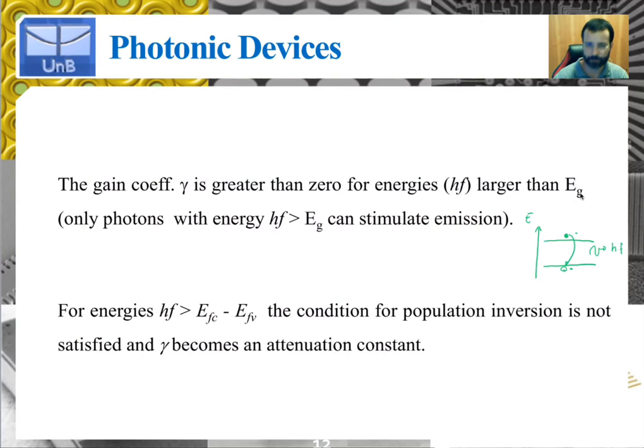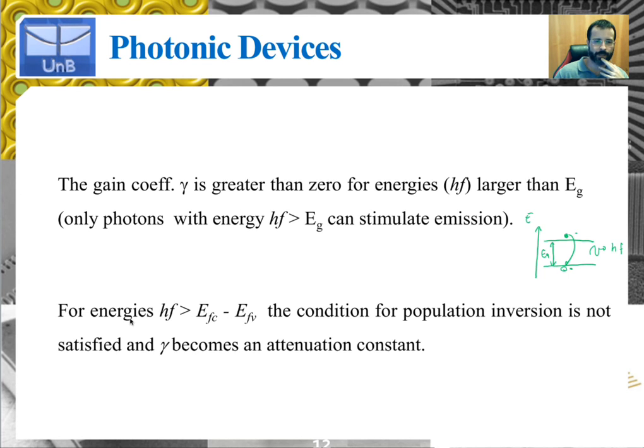Energy conservation needs to take place, but this difference in energy, which is equal to hf, cannot be smaller than the band gap Eg, right? Because if it were, one of these two levels, either the level in the conduction band or the level in the valence band, would have to be within the gap, and this cannot happen because it's the forbidden band gap. So therefore, hf has to be larger than Eg.